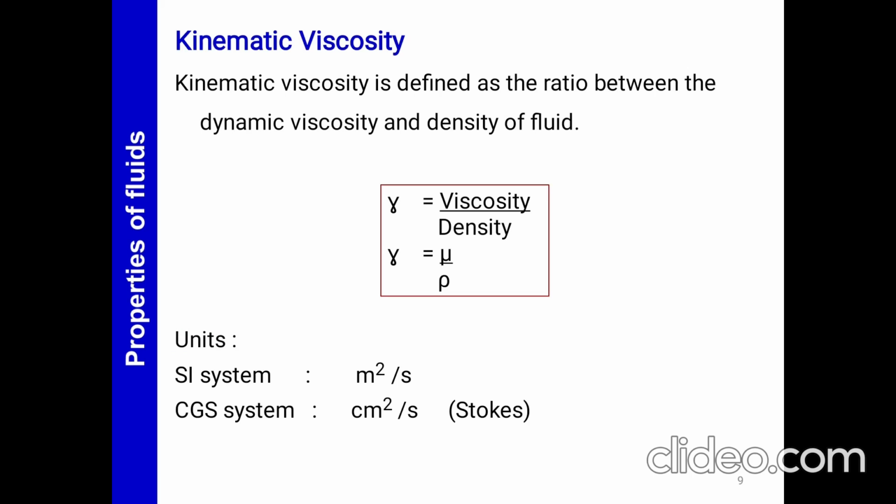Kinematic viscosity. Kinematic viscosity is defined as the ratio between the dynamic viscosity and the density of the fluid. The unit of kinematic viscosity in SI system is meter square per second, and in CGS system it is centimeter square per second, or Stokes.